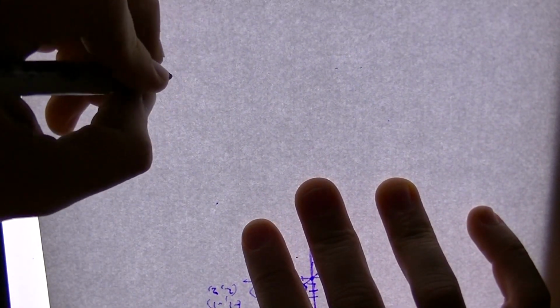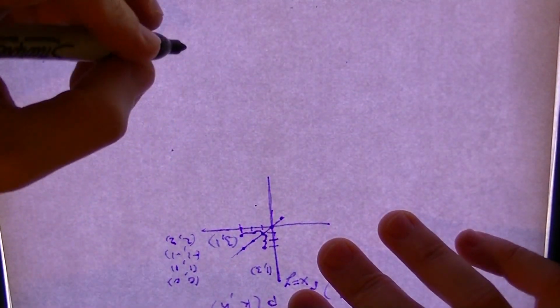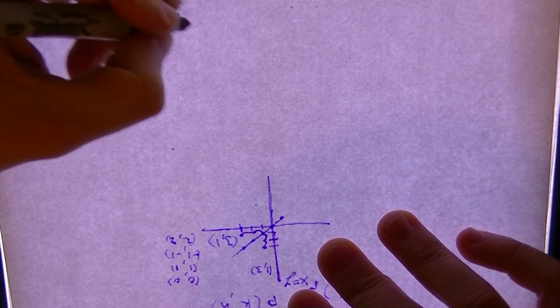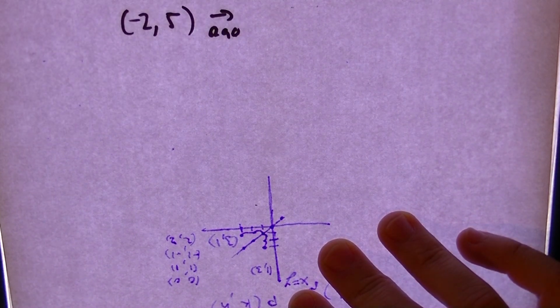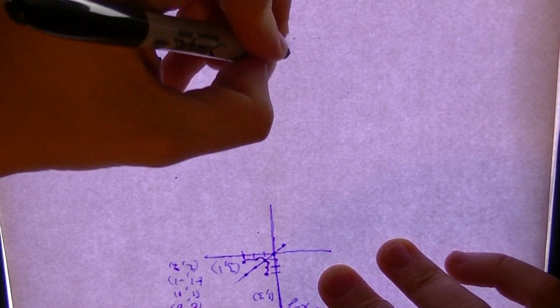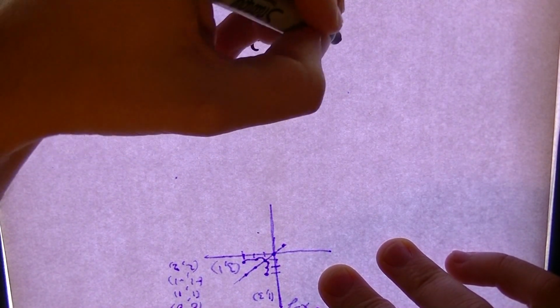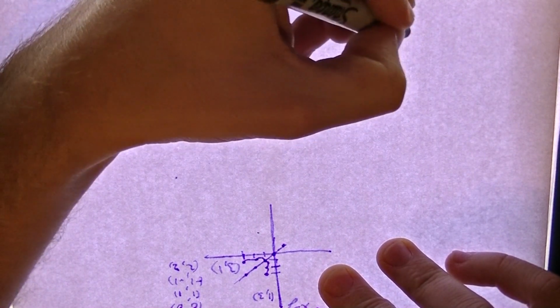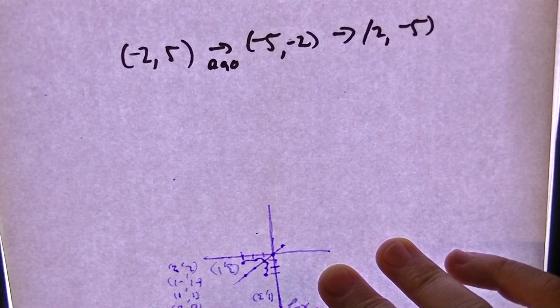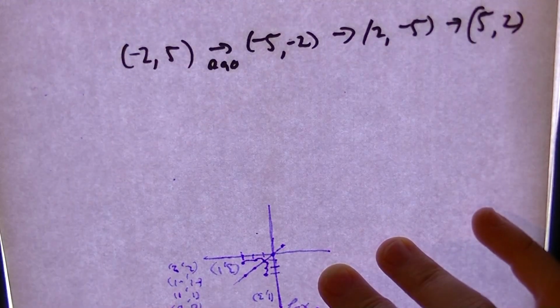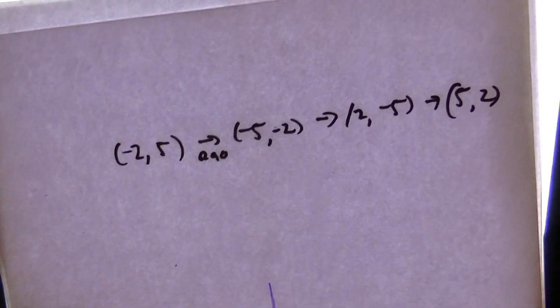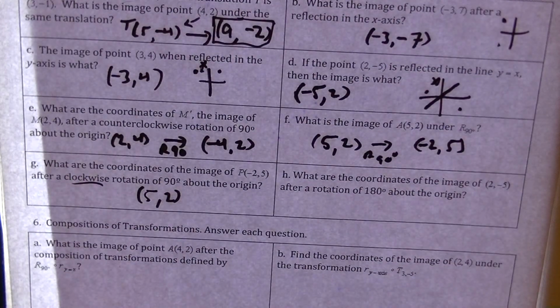If I start at (-2, 5), I rotate 90. That gets me to (-5, -2). 90 more gets me to (2, -5). 90 more to get me to 270 gets me to (5, 2), which is the answer that we came up with by just using the rule.